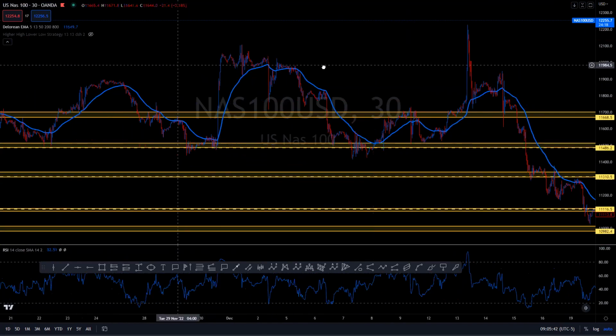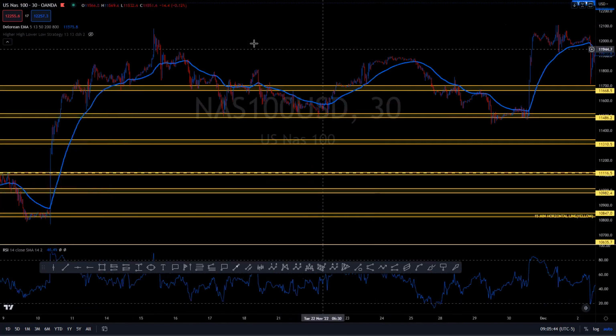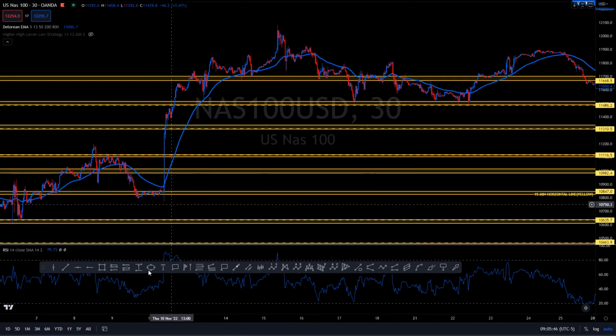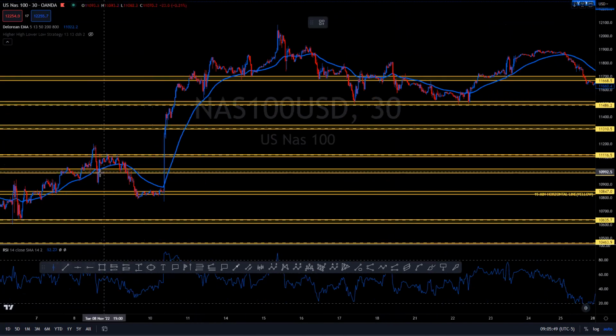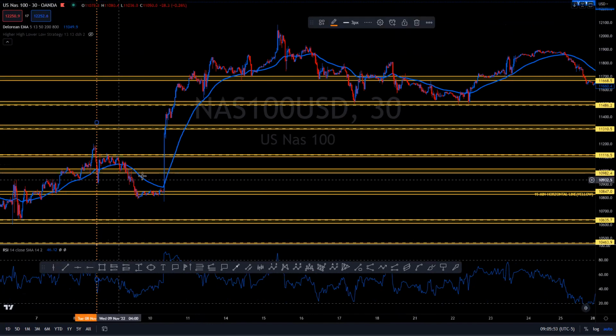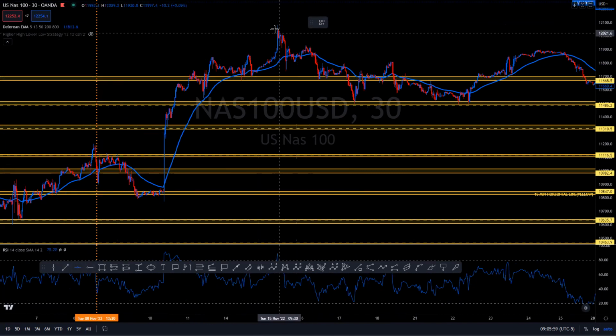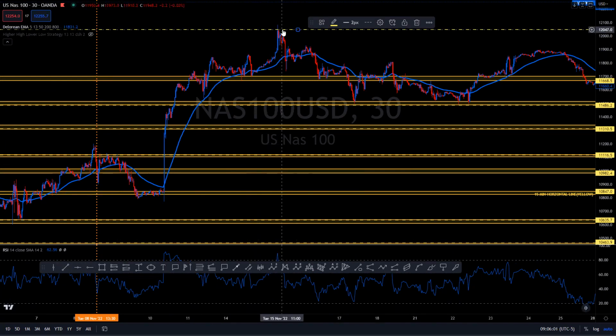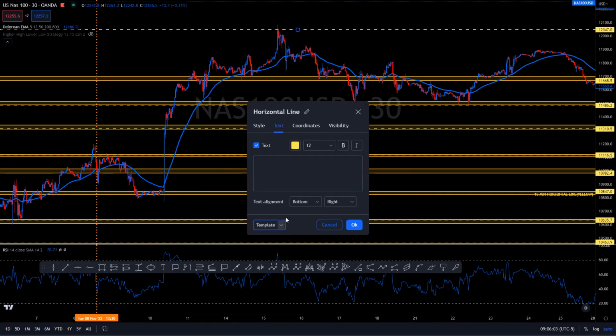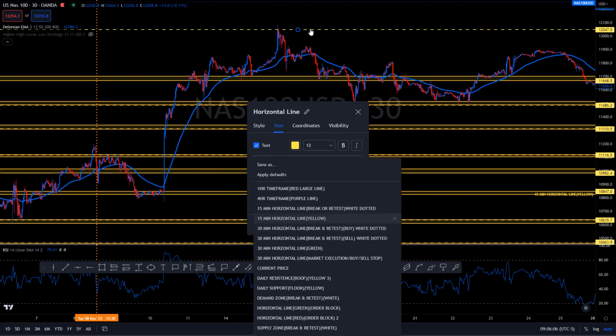So now we can see that we can mark up these areas here. So I want to put a vertical line right up in this area. And then we can see that price came up in respect to this zone here. And then it pushed up here. Obviously, there was a huge amount of sellers there that pushed price all the way back down to this point.